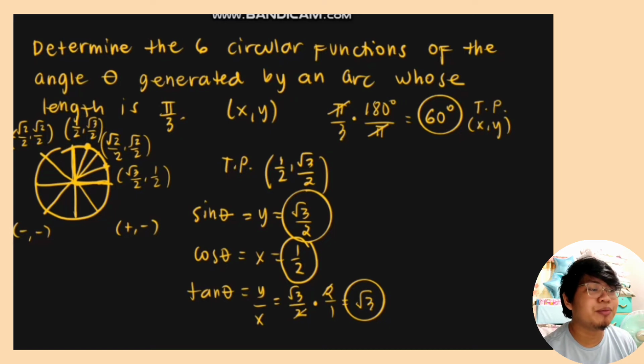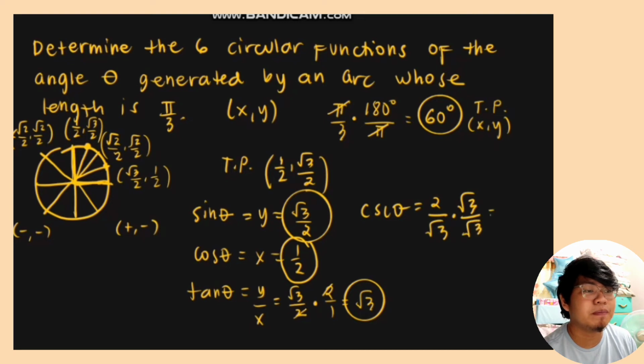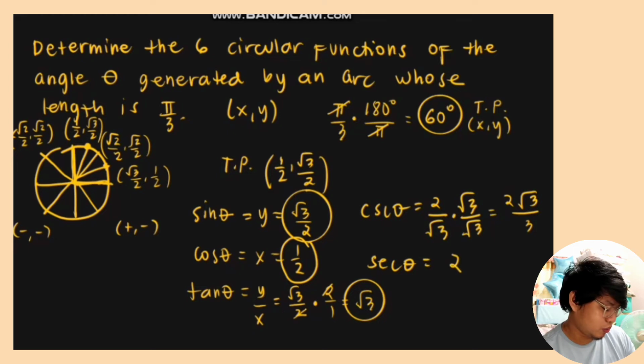Now, for the reciprocal functions, cosecant theta is equal to 2 over square root of 3. We multiply by square root of 3 over square root of 3 by rationalization. Okay? So, that is 2 square root of 3 over 3. Next is secant theta. Reciprocal of 1/2 is 2. So, we have 2.